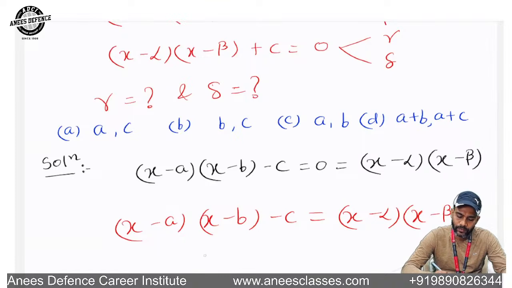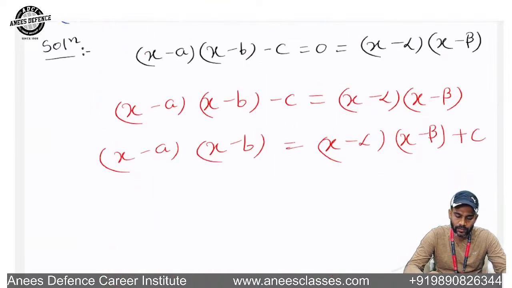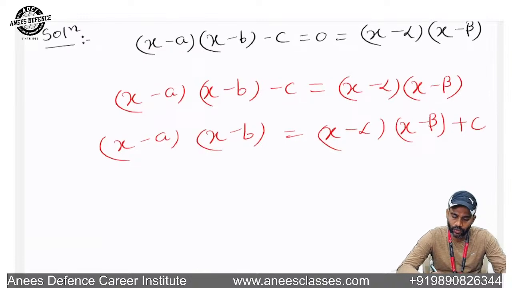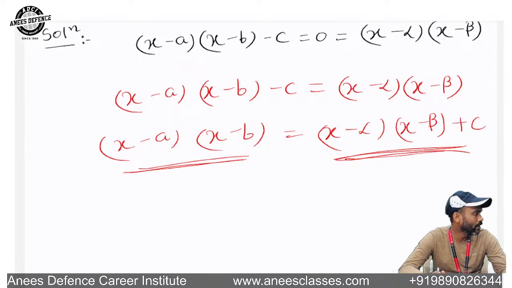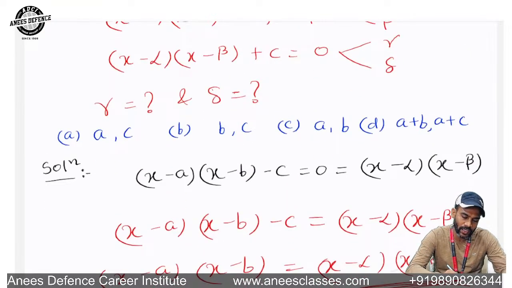Yes or no? So can I write x minus a into x minus b is equal to x minus alpha into x minus beta plus c? Yes or no? Yes. That is what we want. So this was our equation, and the roots are, you can clearly see, a and b. So which option is correct? Option C is the right answer.